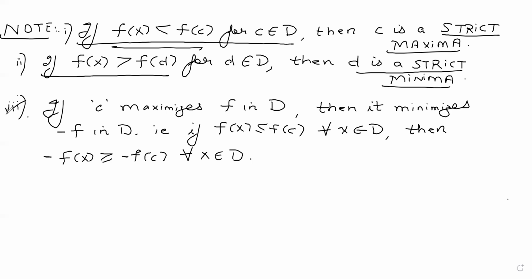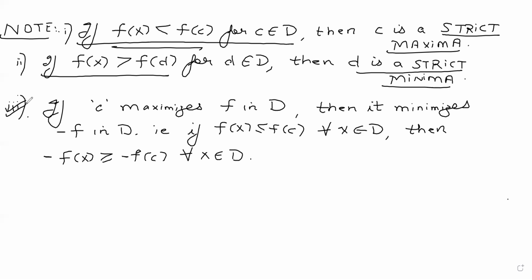The third point is telling you if c is the point of maxima for the function f, it will be the point of minima for the function minus f. That means if I have a function f and if I plot the negative of that function, then if c is the point of maxima for f, it will become the point of minima for minus f. So hoping that students have understood this definition and have no doubts.